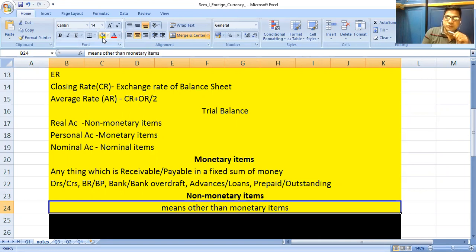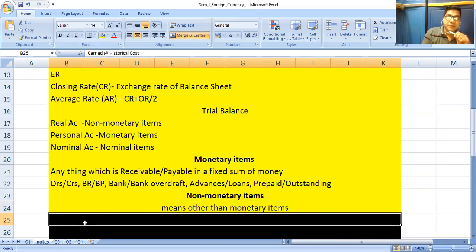It is not receivable or payable in a fixed sum of money. Some examples are plant and machinery, fixed assets, investments. These are non-monetary items.